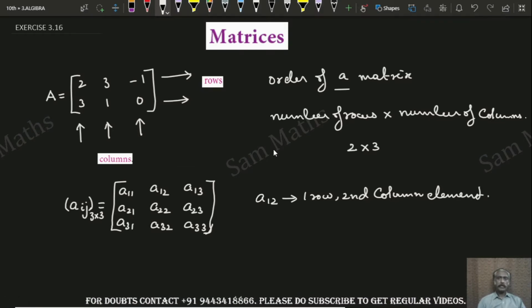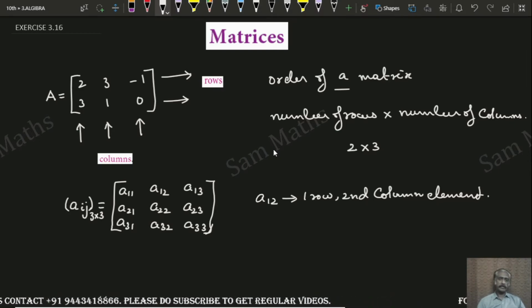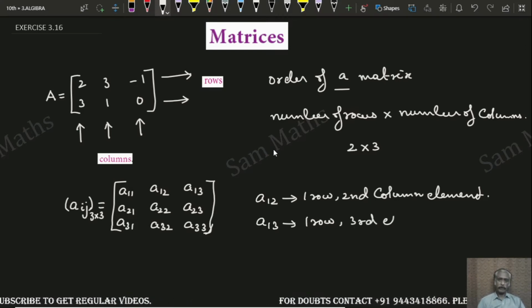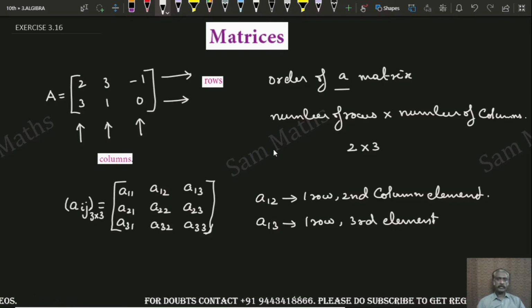Otherwise, we can say first row, second element. a13 means first row, third element. So like this also we can write. Okay, children, these are the basic things you have to remember.